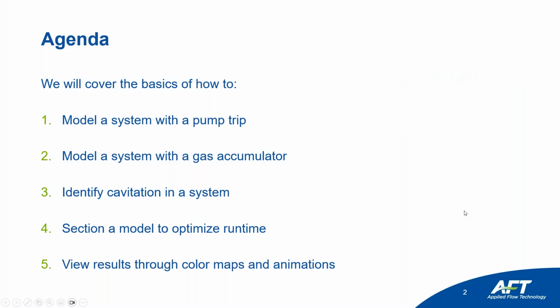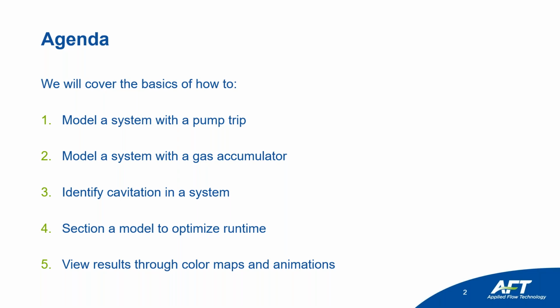Jumping into the agenda right here, we will be covering the basics on how to model a system with a pump trip. And in that system, we're going to be going over the basics of how to define a transient model in AFT Impulse. Then we're going to edit that model by adding a gas accumulator.